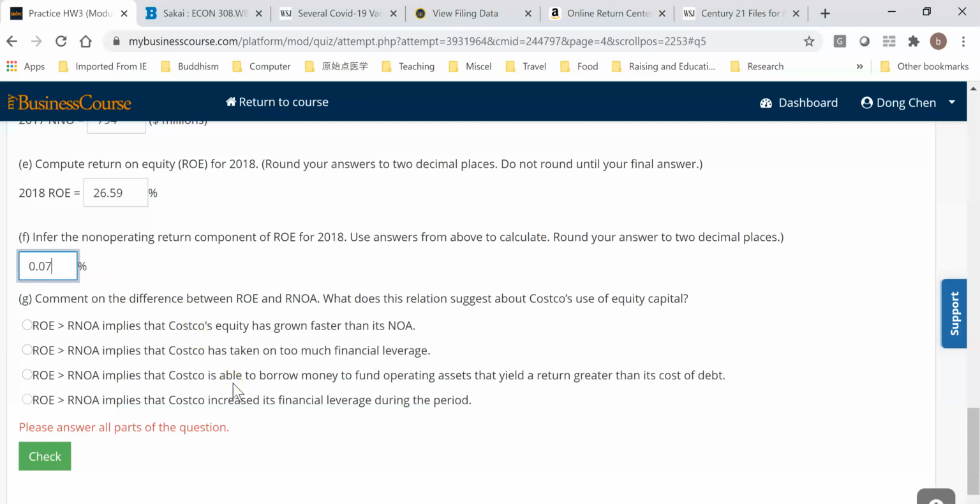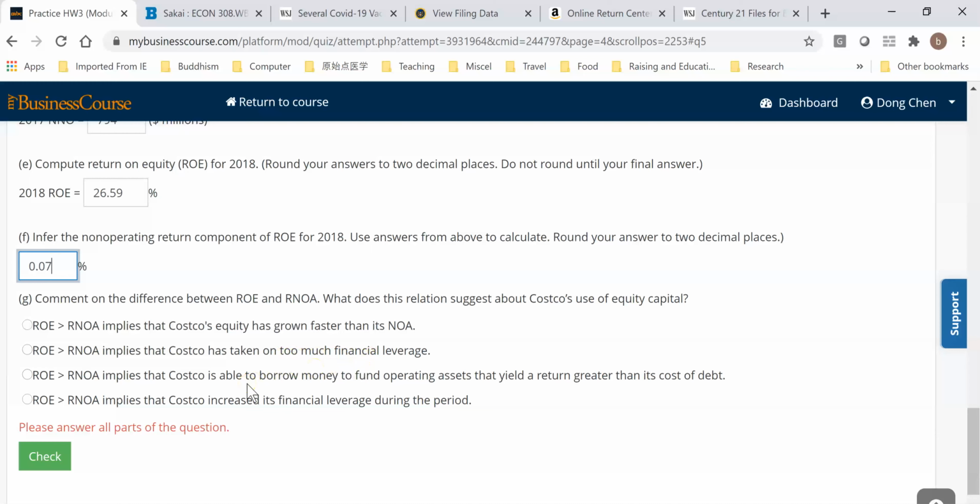So we can infer that the profit earned from that borrowed money turns out to be larger than its cost. We just look for the answer which matches that analysis. "Implies the cost of equity has grown faster than its RNOA" is not what we are looking for. "Costco has taken on too much financial leverage" is also not what this implies.